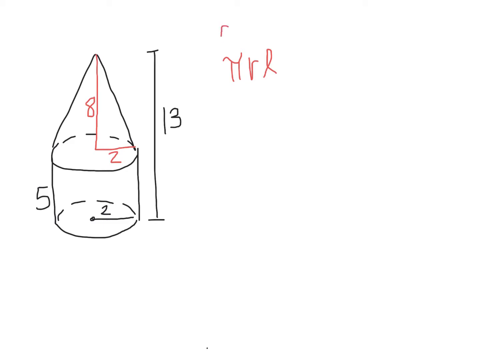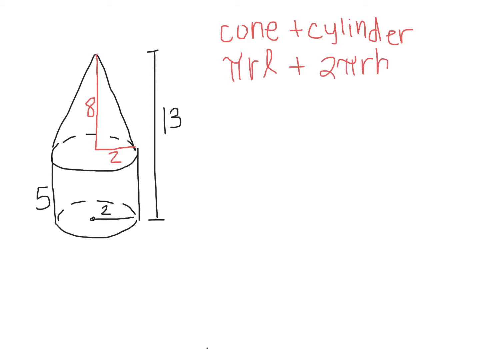That's something we're going to need to take into consideration when we try to solve. So this first part of my formula is what we would use just for the cone. Then I'm also going to have to include the parts for my cylinder. For the cylinder, I have my lateral surface area, which is 2 pi r times the height, because we're looking at the circumference of that circle base times the height of my cylinder, plus just one circle.